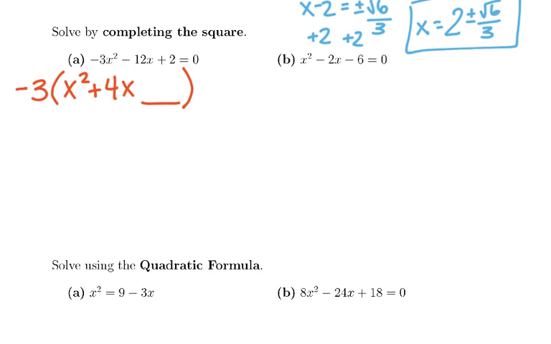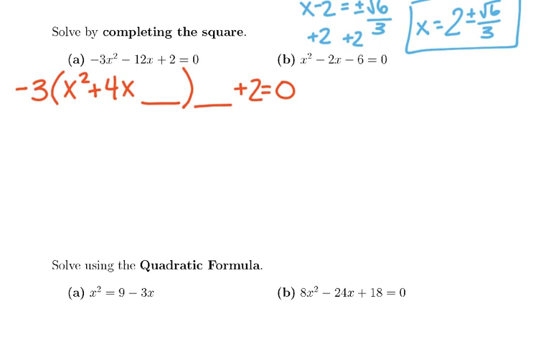This blank, this value that I add here, will make this a perfect square trinomial because I'm trying to complete the square. The second blank I have on the outside is going to help me balance my equation. Then I'm going to bring down the rest of the equation, which is the plus 2 equals 0.